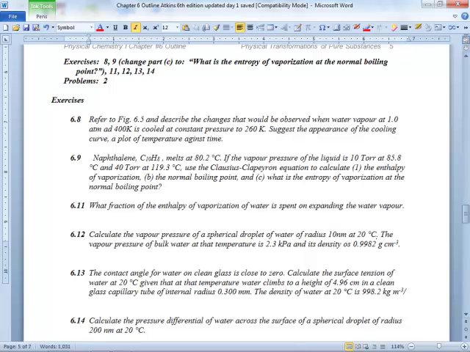Hopefully you're going to go below it. Take 260 minus 273 to get a negative degree Celsius. After you describe your changes, make sure you make your little temperature versus time plot.